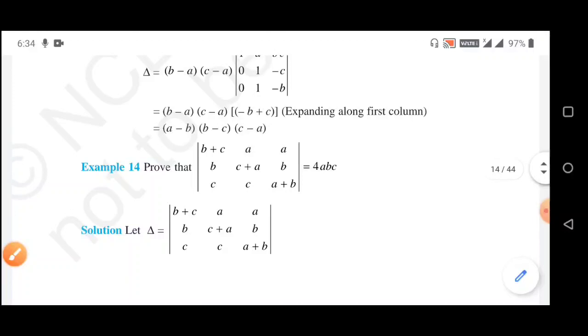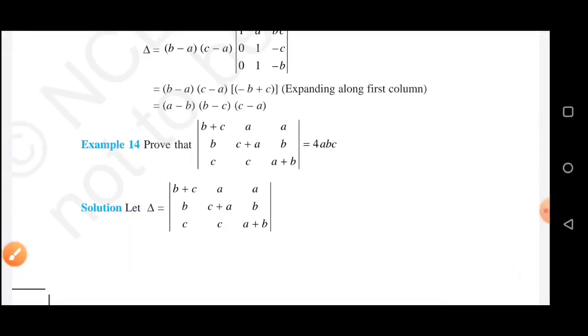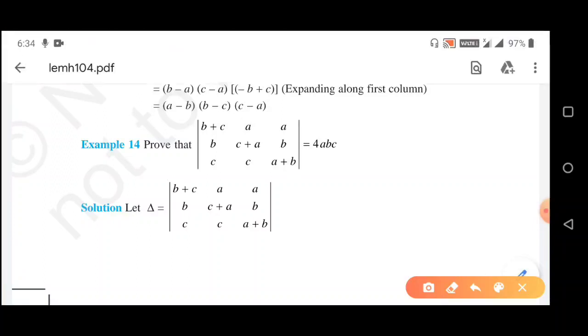Now come to example 14. In example 14 we have to show that this is equal to 4abc. So how can you do that?